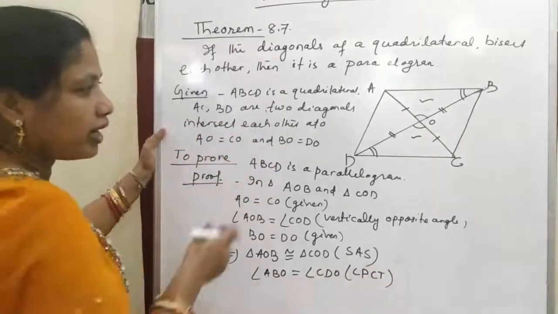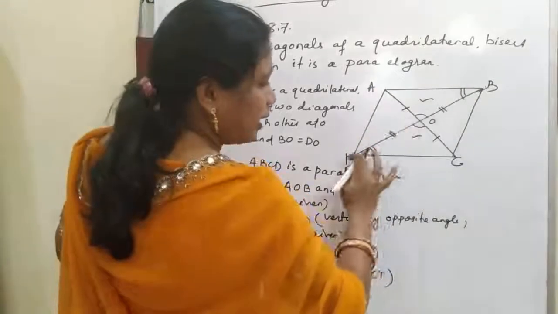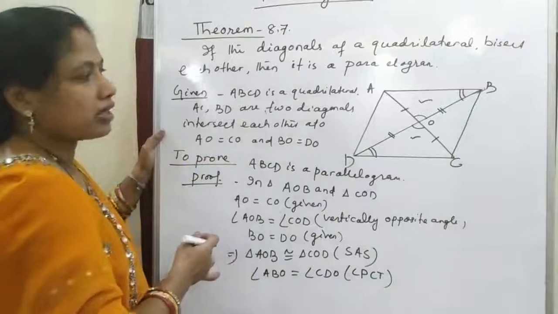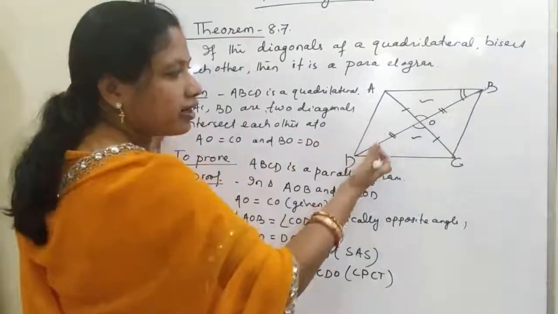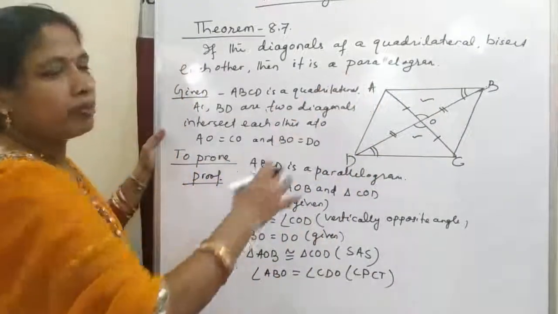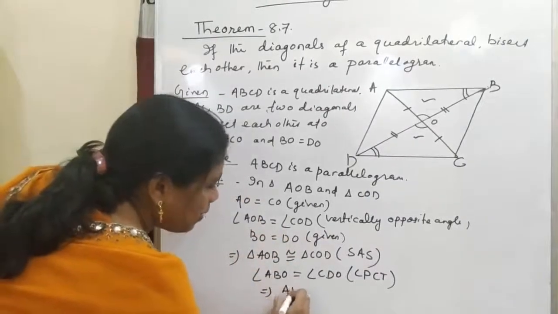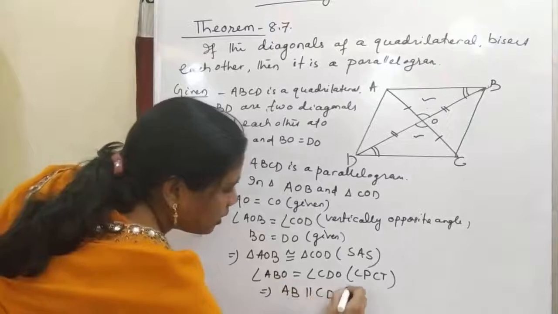These are the alternate angles, where AB and CD are two lines and BD is the transversal. If alternate angles are equal, then AB is parallel to CD.